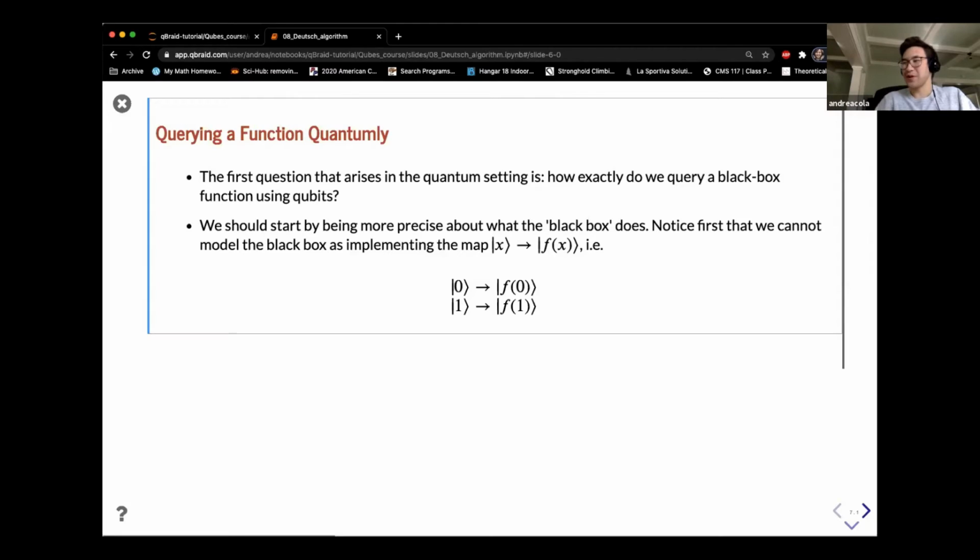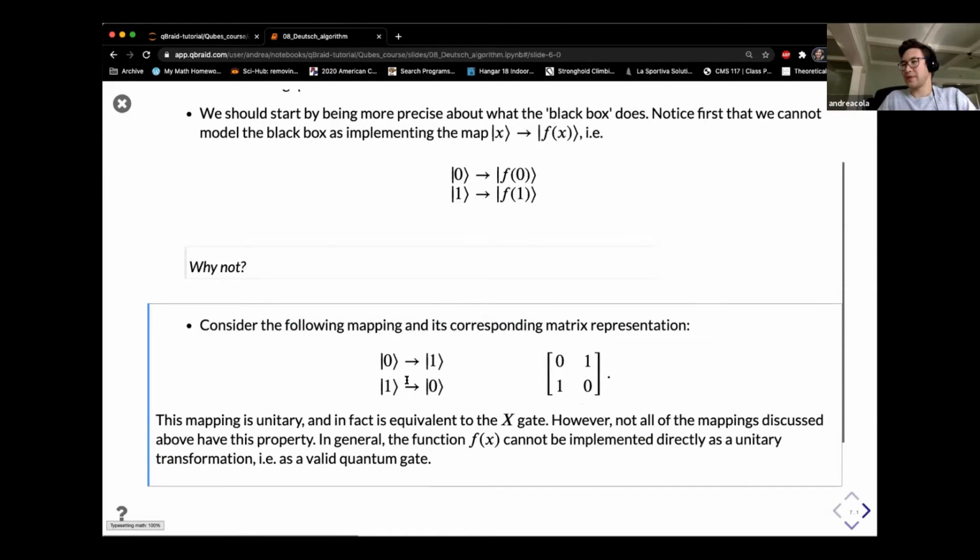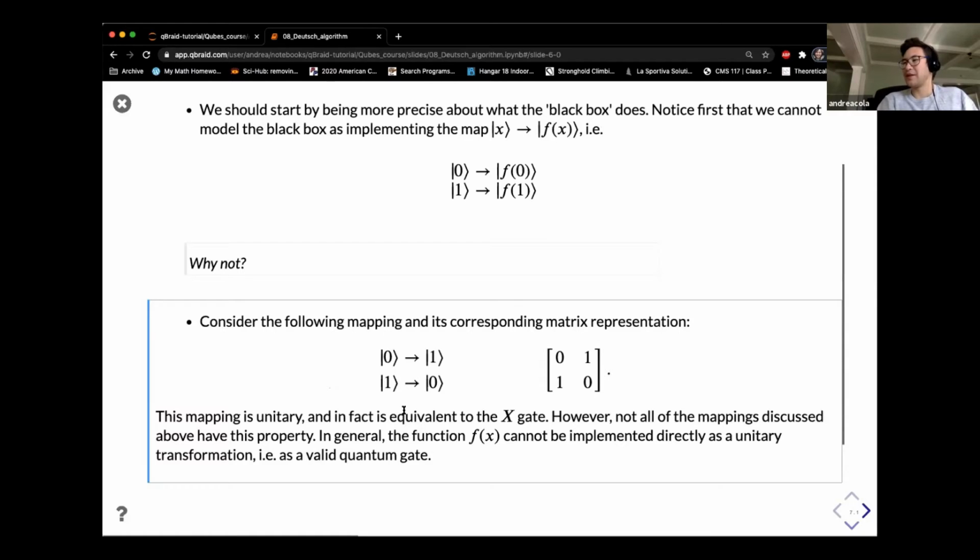In particular, one of the conditions for being a unitary was that if you multiply U by this matrix U dagger, which is obtained by taking the transpose and the complex conjugate of U, then you get the identity. What this means is that you can reverse U. So U has to be invertible.